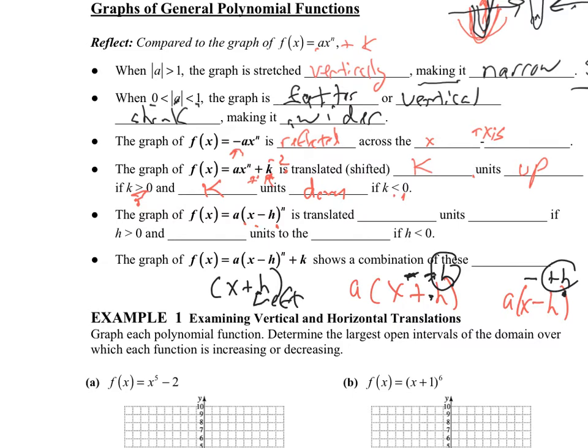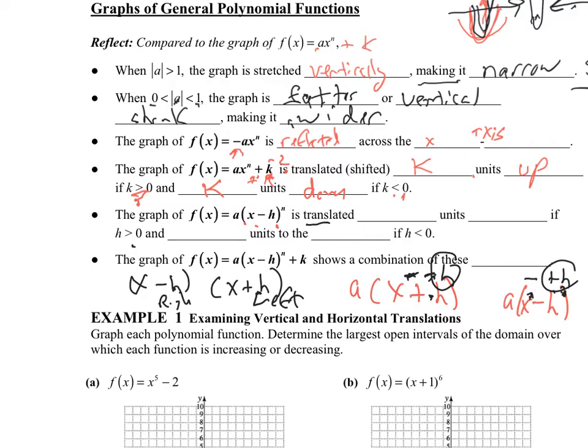And when I see an x minus the h, I have to think plus, so that shifts to the right. So that's what we're doing right here. It's shifted, if h is greater than 0, that means if h was positive, it's shifting left.